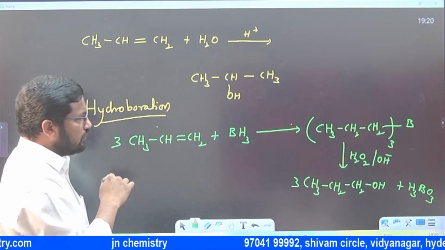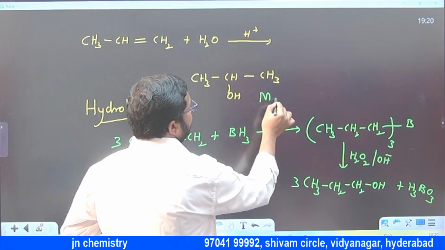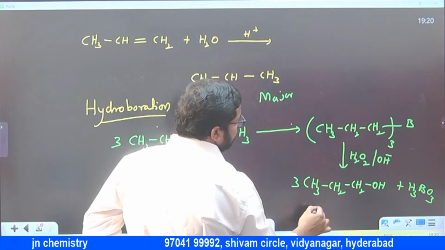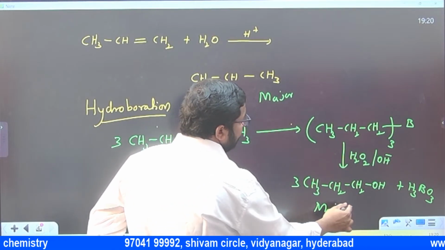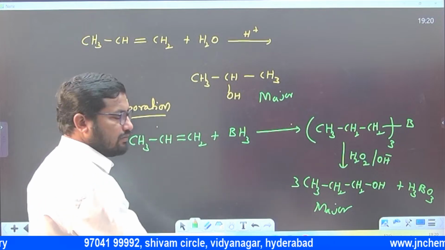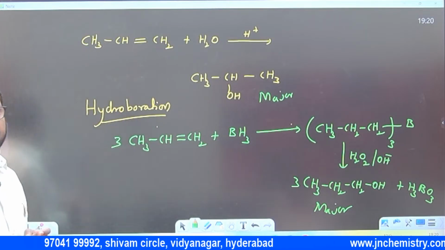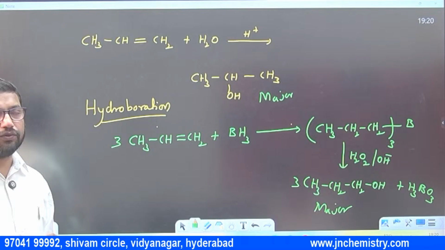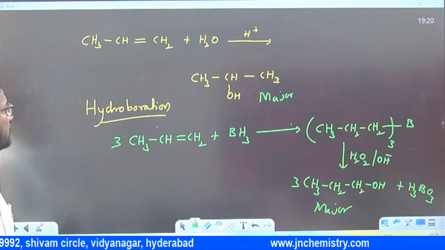In this case, this is major. To prepare primary alcohol, we will use hydroboration. One of the important reactions, five star.